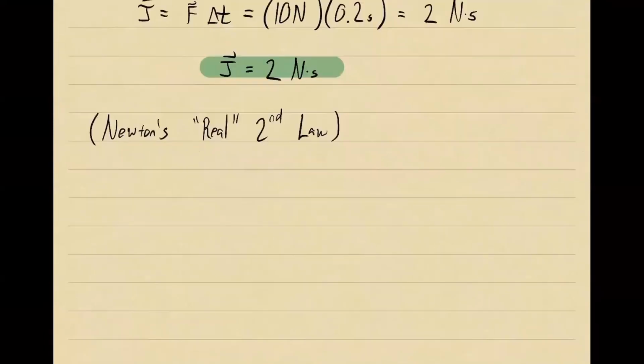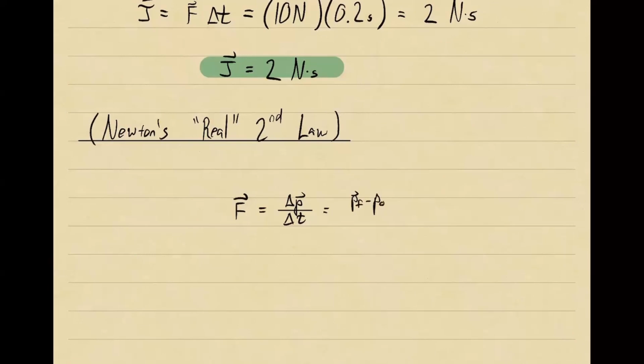The way he wrote it says that the force acting on an object is equal to the change in momentum of that object divided by the elapsed time, where delta P is equal to our final momentum minus our initial momentum.